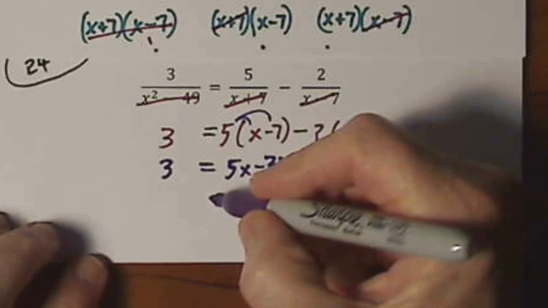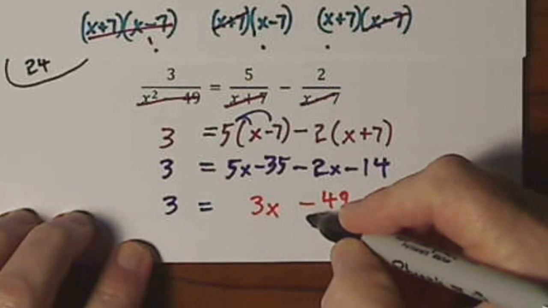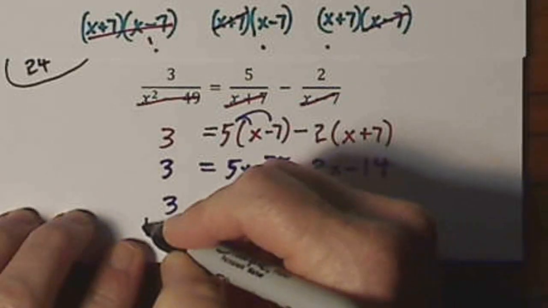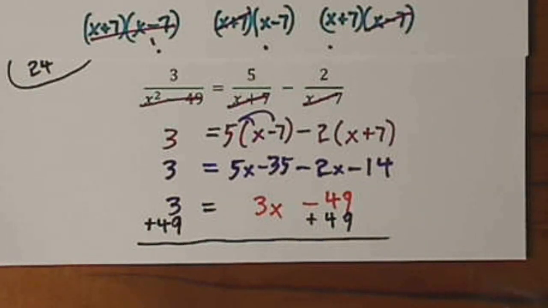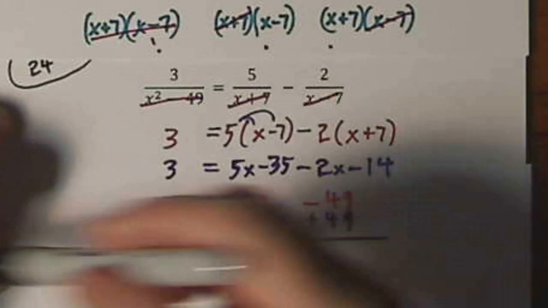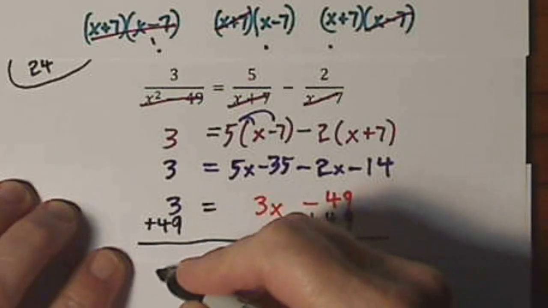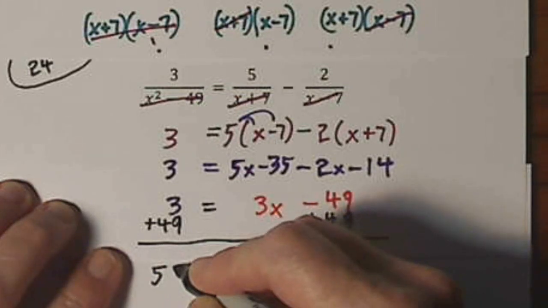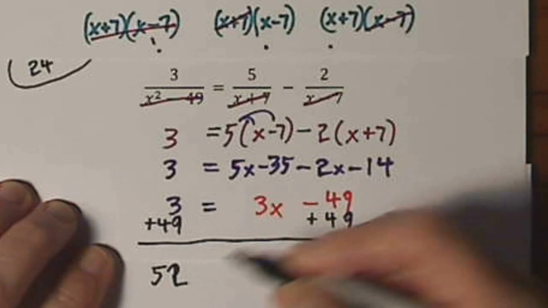Just bring everything else down. Let's say add 49 to each side. And this leaves us with 52.